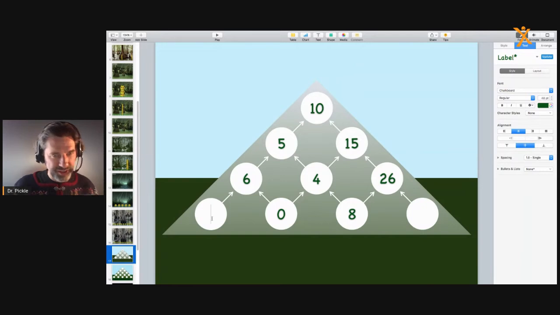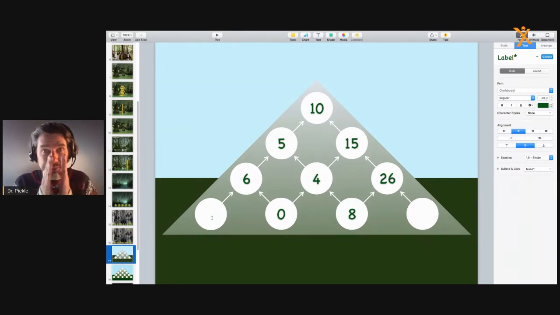So the idea is that whenever you're going up this mountain, if a circle is above two circles underneath, this circle must be right in between these two circles. You can see that 5 is right in between 6 and 4, and 15 is right in between 4 and 26.